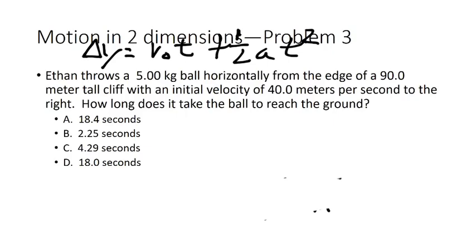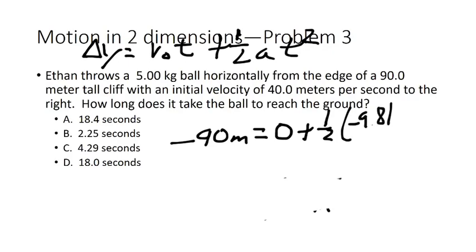So our delta y was negative 90 meters. I'm going to leave off the sig figs just to save some space here. Negative 90 equals, well, our initial vertical velocity was 0. So the v0 t component just becomes 0, plus 1/2 times the acceleration, which is negative 9.81 meters per second squared, times t squared.